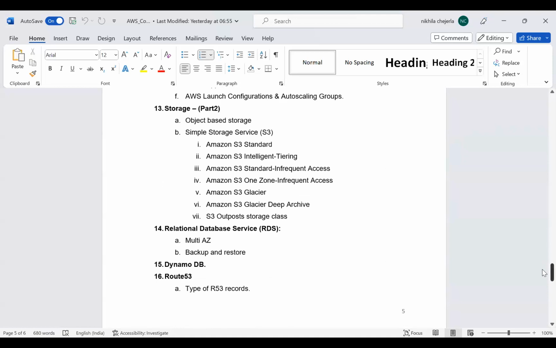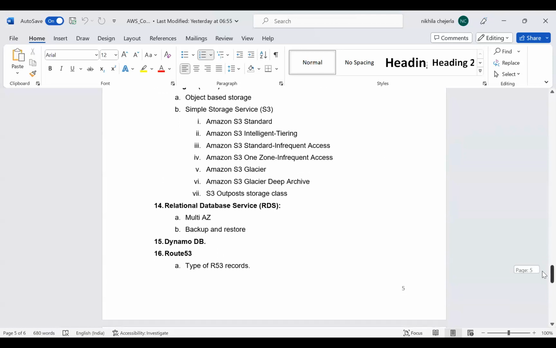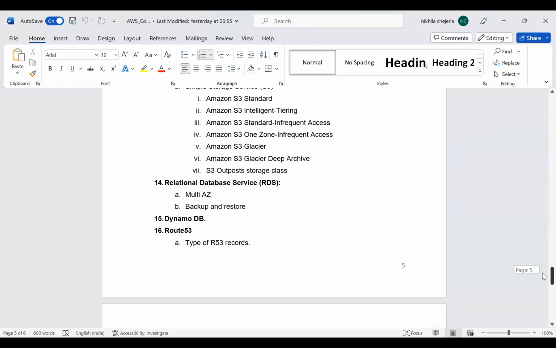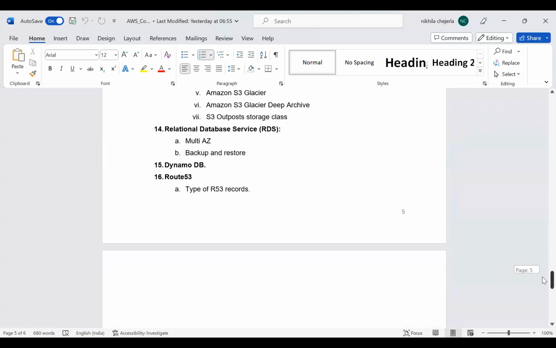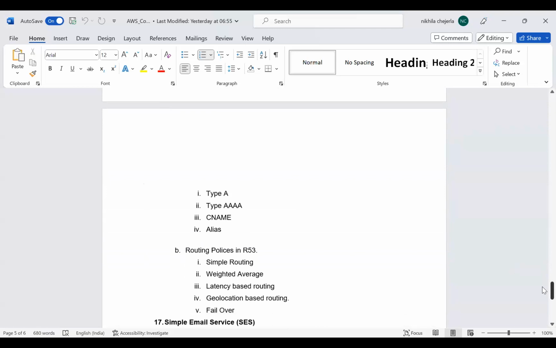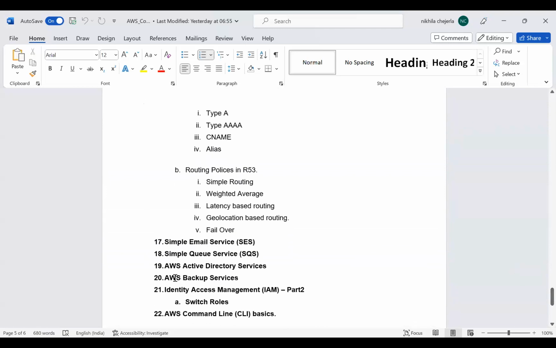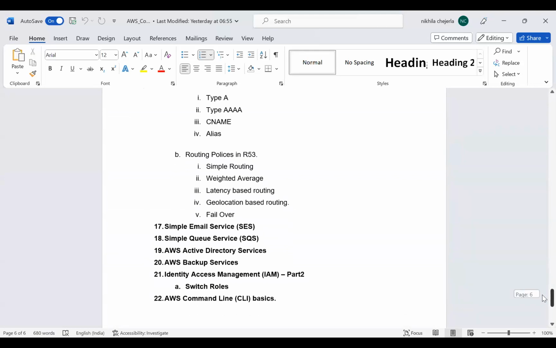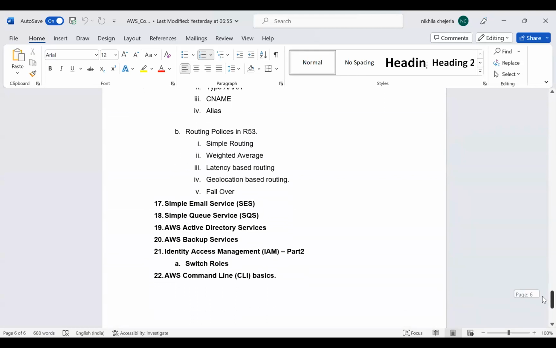And we will discuss RDS, Route 53 and routing policies, and a few basics of email services, Simple Queue Service, AWS Active Directory, AWS backup services, IAM, and CLI.